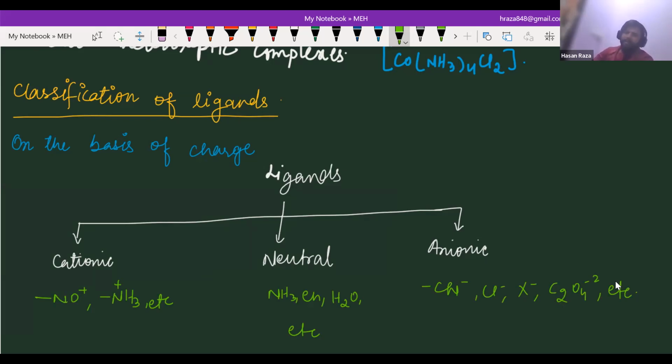Ligands can be cationic, neutral, and anionic. The less used ligands are basically cationic.